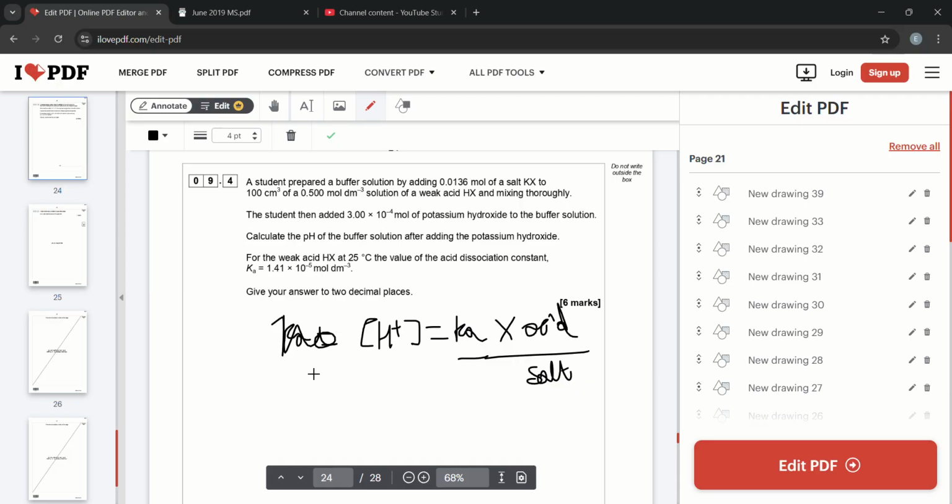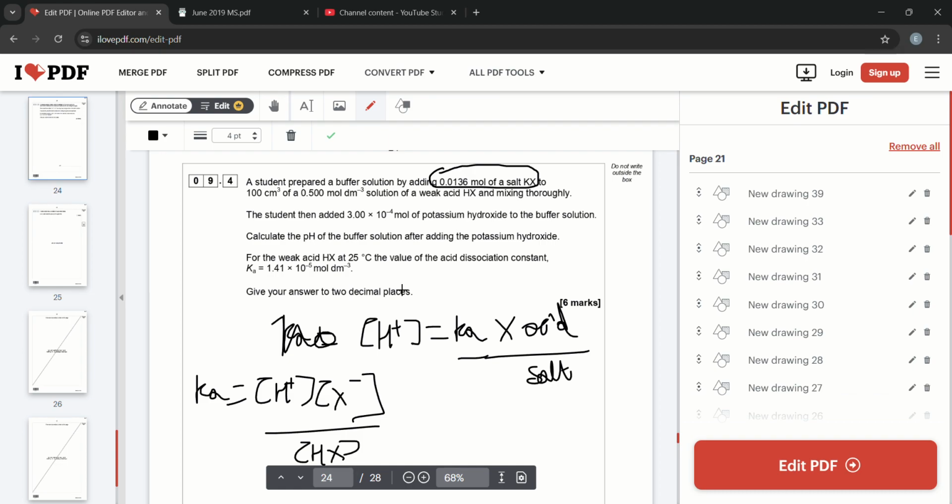So we know that the salt is this much, KX, or actually let's just show Ka = [H+][X-]/[HX], in this case KX.